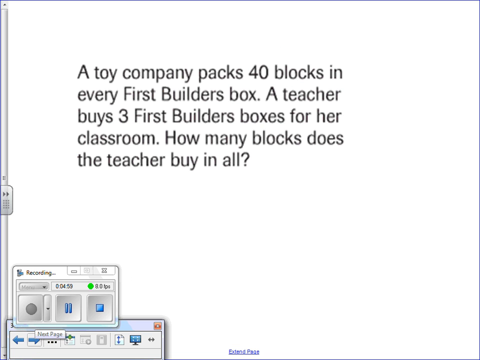A toy company packs 40 blocks in every first builder's box. A teacher buys 3 first builder's boxes for her classroom. How many blocks does the teacher buy in all? Okay, so we have to look at what the problem is telling us, the information that we're given.